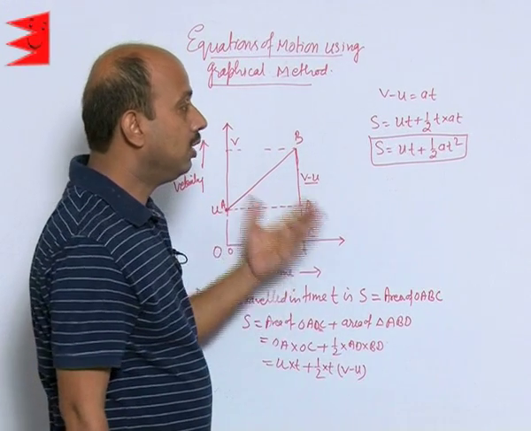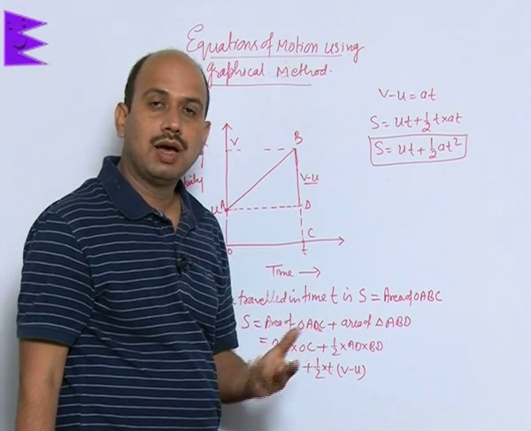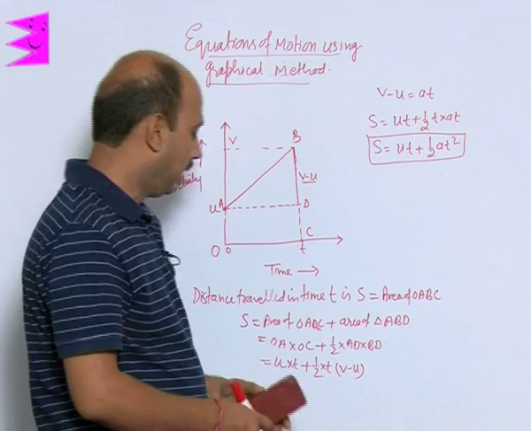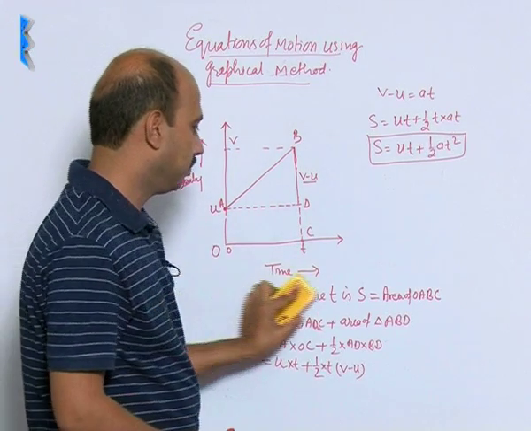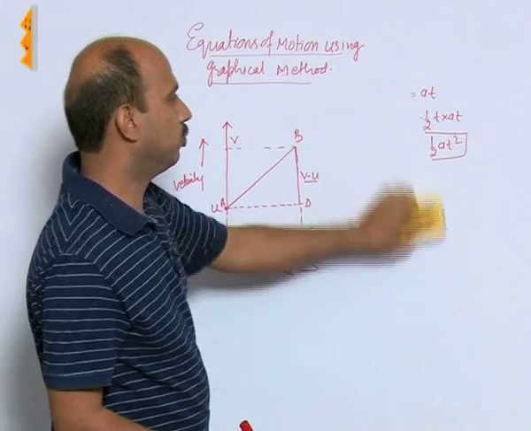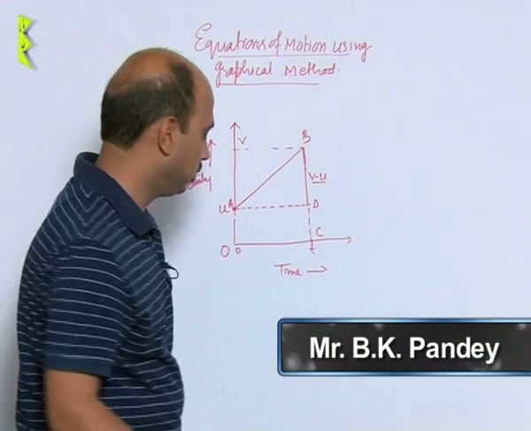Now similarly we can calculate the relation between velocity and displacement, that means without time. For that we take the same graph which we used for the other two equations. The previous equation is referred to as the second equation of motion.